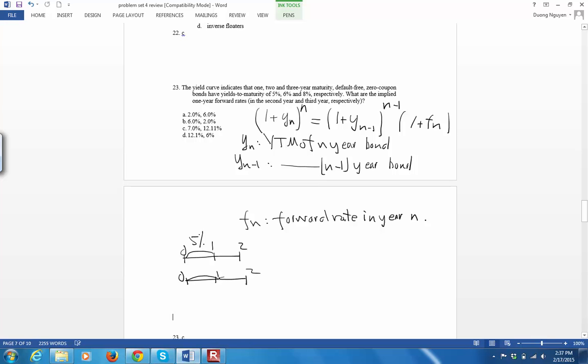So what it means is every year you earn 6% return. This is the 1-year bond: you earn 5% for the first year. This is the 2-year bond: you earn 6% every year for 2 years. So the question is, how much is the forward rate f2 in the second year?